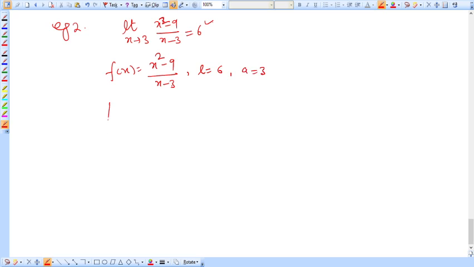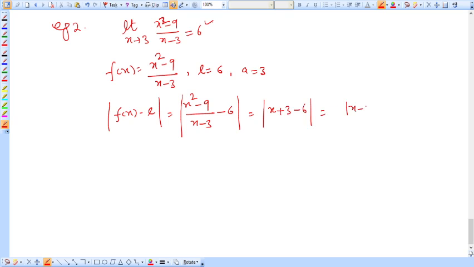Okay, so what is the difference f of x minus L? It is equal to x square minus 9 over x minus 3, minus 6. Upon cancelling we will have x plus 3 minus 6, which is equal to x minus 3.